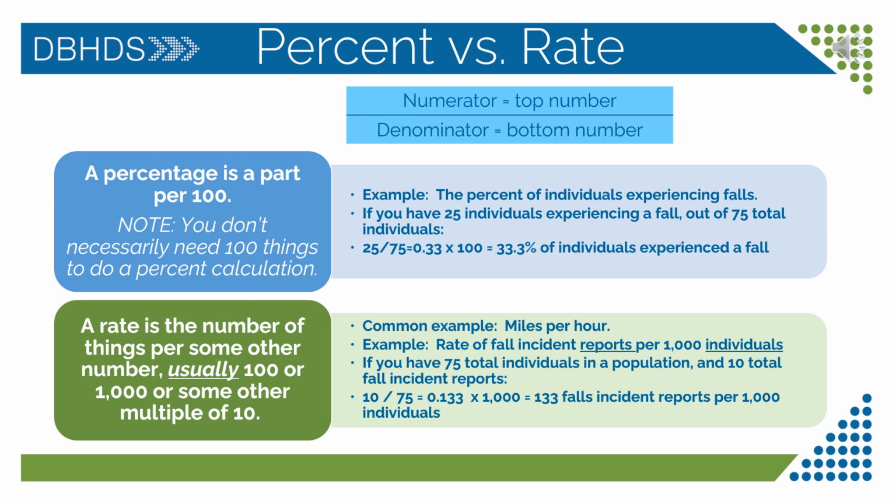So in this example, if you have 75 individuals in a population and 10 total fall incident reports, you would have 10 reports divided by 75 individuals times 1,000. And this will give you 133 fall incident reports per 1,000 individuals.